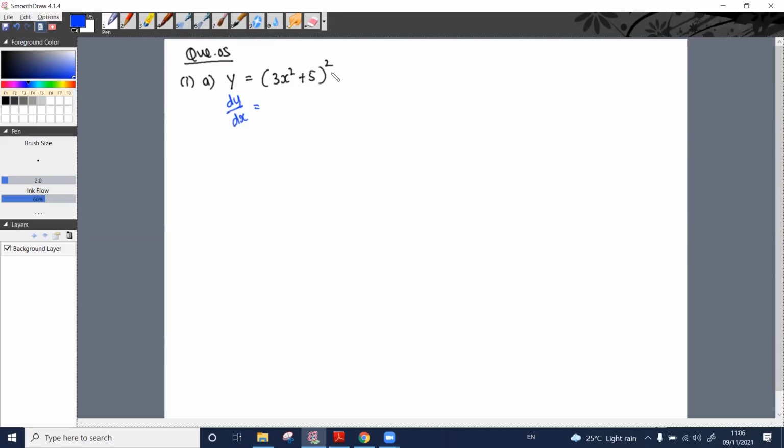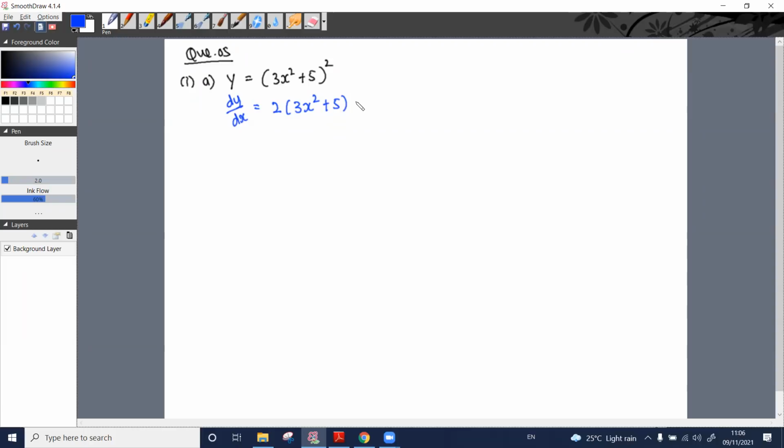We can apply the chain rule. So how should it be? Multiply by the power value, within the bracket as it is. Deduct 1 from the power value, then it will become 1 here, so we need not write it as 1.